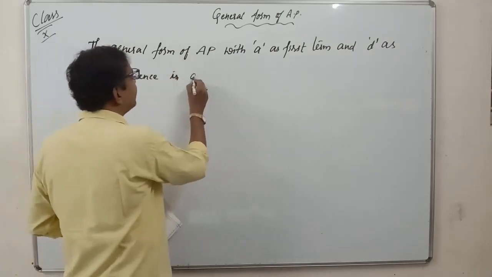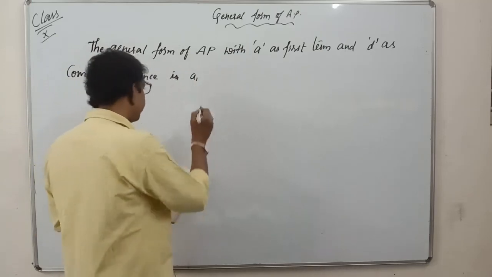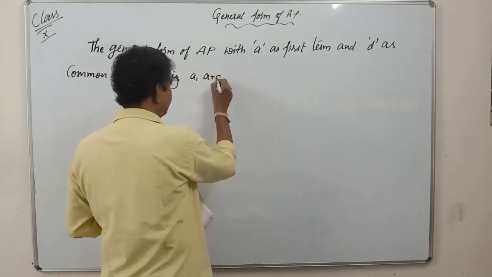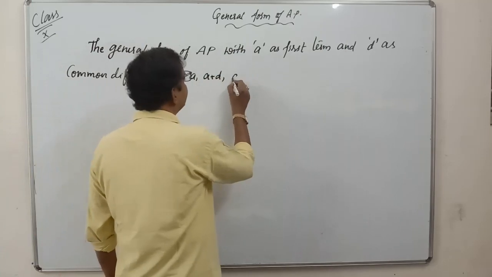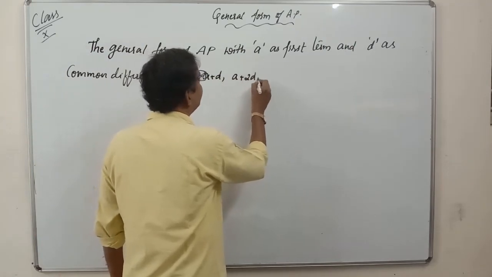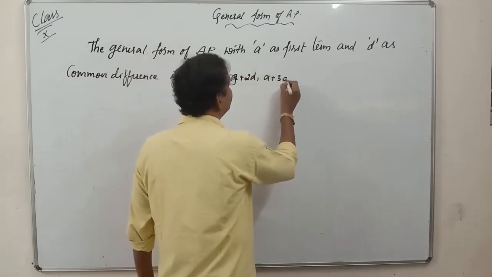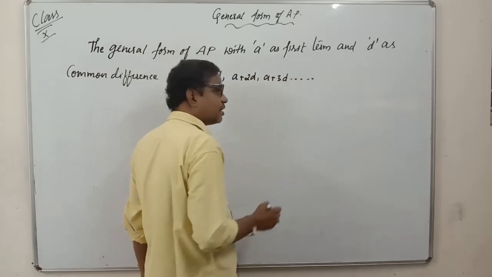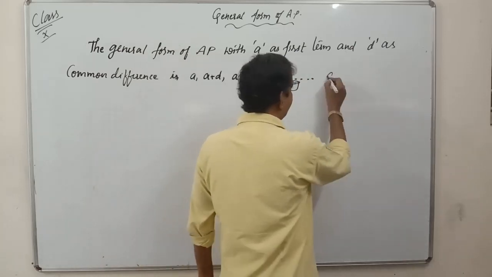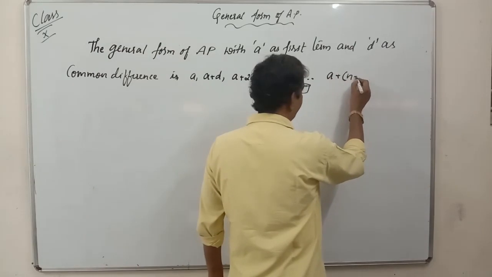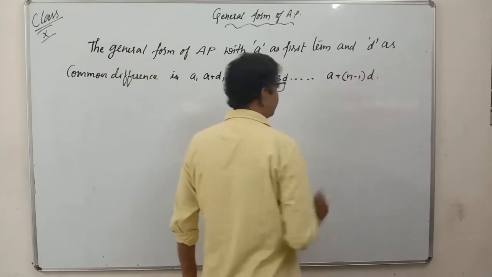First term will be A, second term is A plus D, third term is A plus 2D, A plus 3D. It goes on, and at last you will get A plus n minus 1 D.